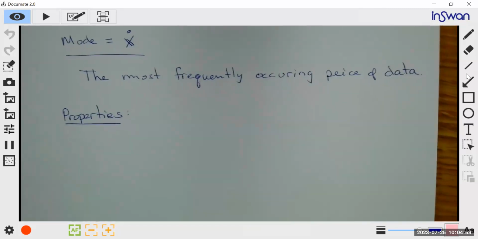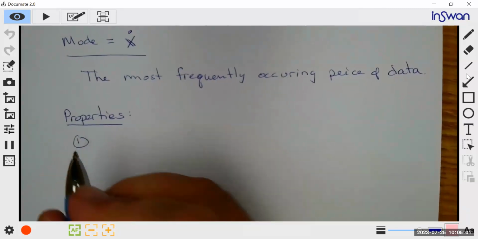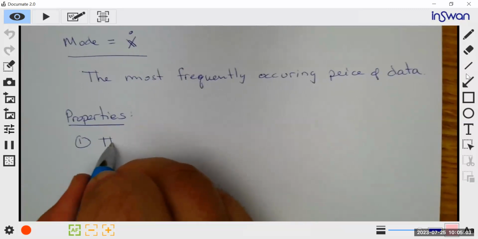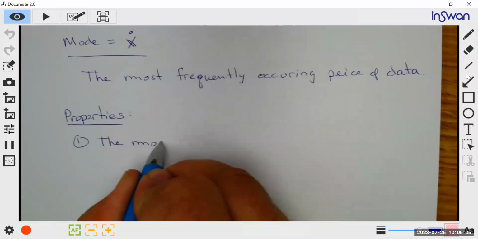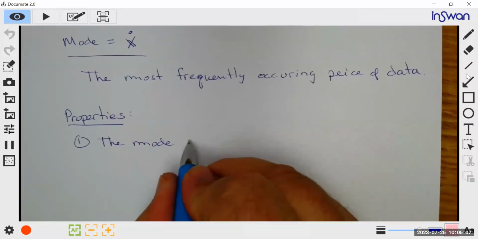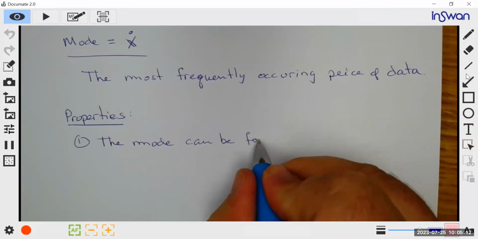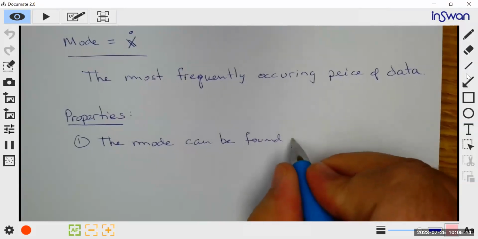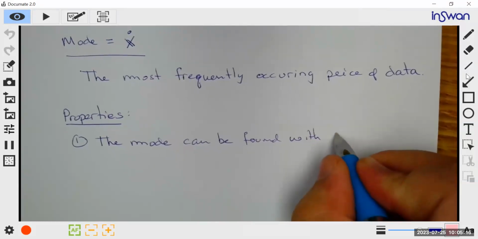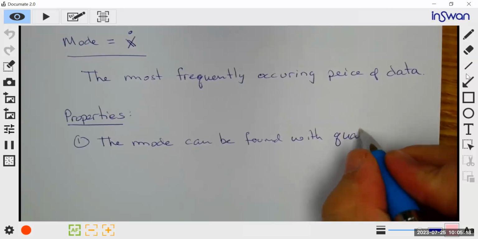And here are its properties. The mode can be found with qualitative data.